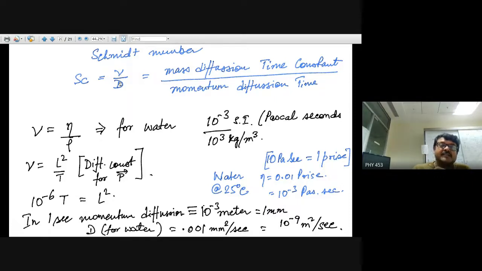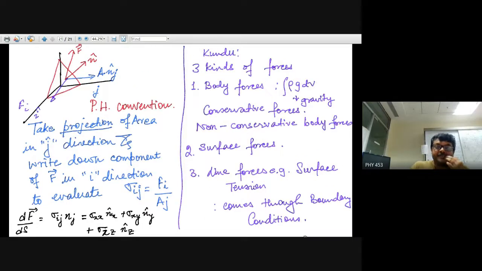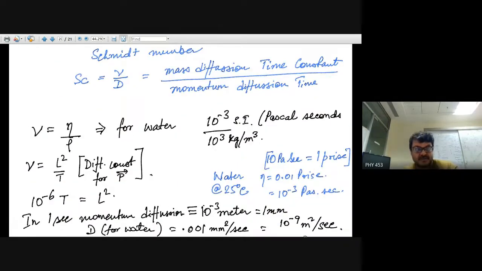So if you take the ratio, you will immediately get 10 to the minus 6 by 10 to the minus 9. It's a very large number. Hence, for water, you know that the momentum transport is primarily by collisions and not mass transport. You can do a similar calculation for that of air, right? So that's where we should end this.